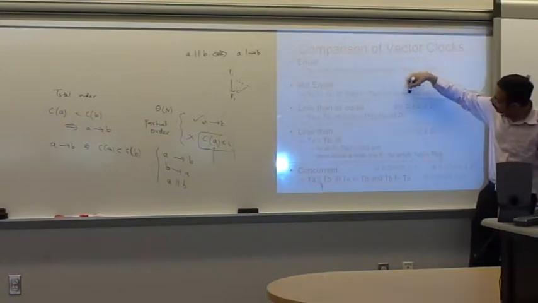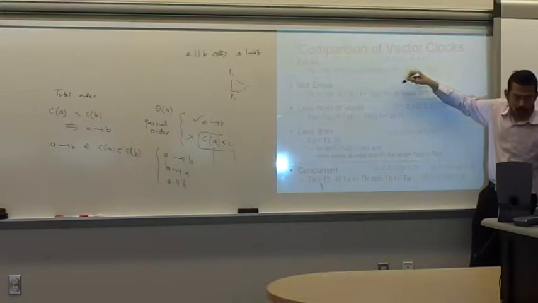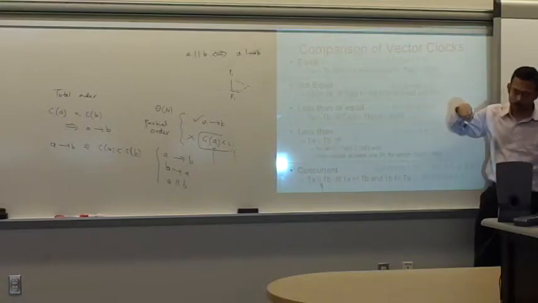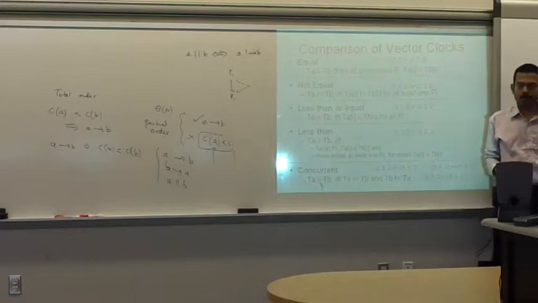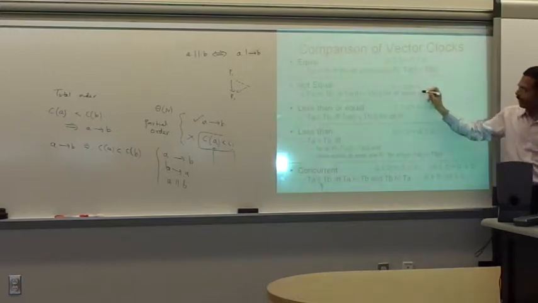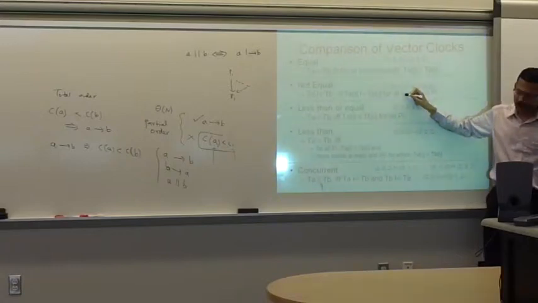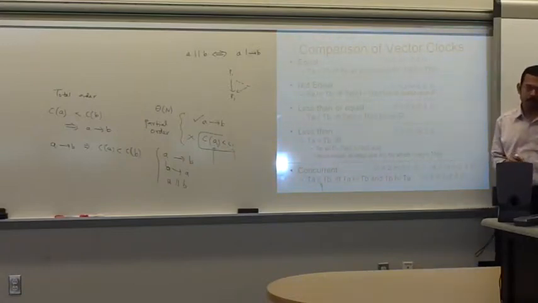So there's at least one process, in this case P2, where the clock value here is 1 and the clock value here is 2 for those events. So 1 is not equal to 2. Because of this, we can say the timestamp of this event is not equal to the timestamp of this event, because they differ in at least one entry.